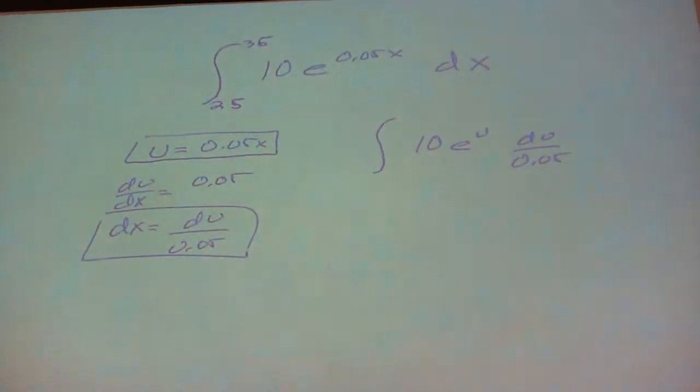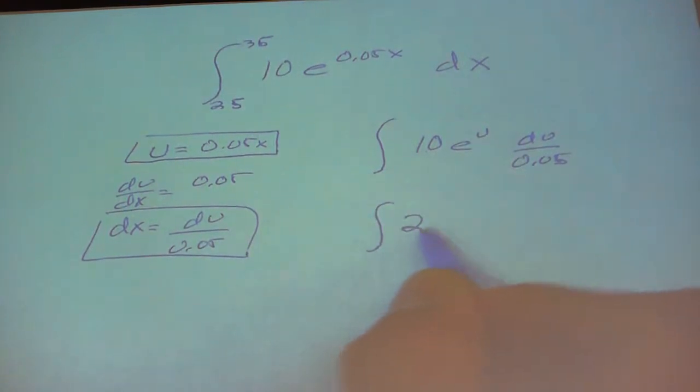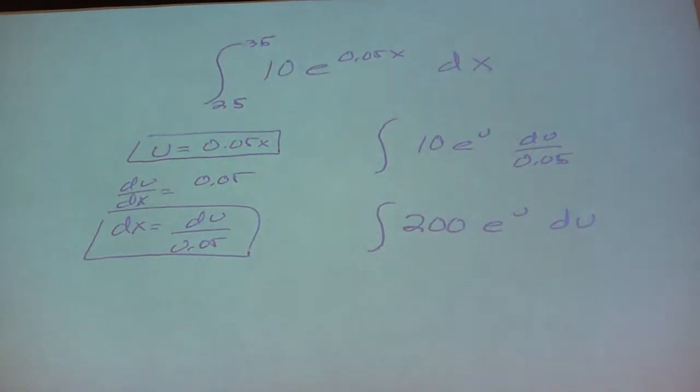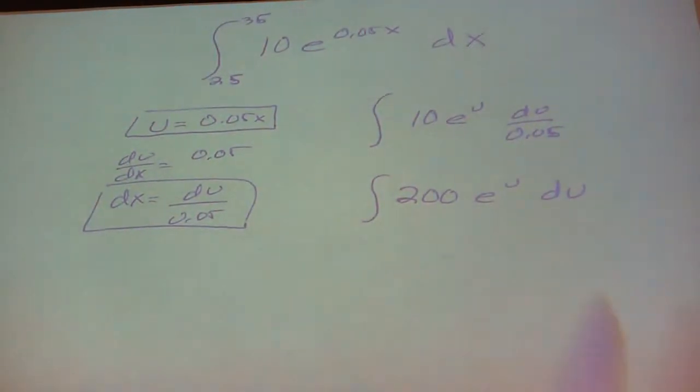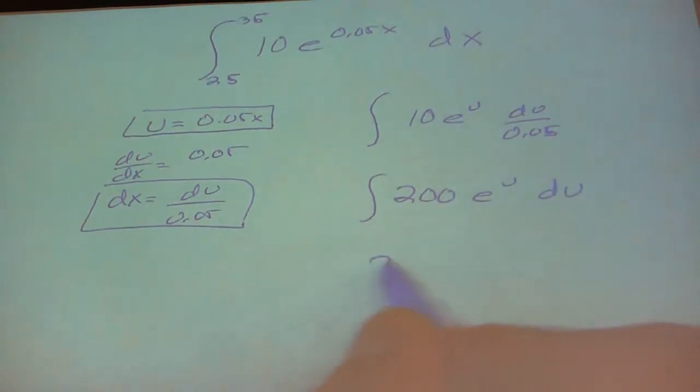And I want to keep stressing this: 10 divided by 0.05 is what? 200. But have I taken the integral? No. Make sure you keep writing that integral symbol until you actually take the integral. That's just cleaning it up. The 200 stays in front.